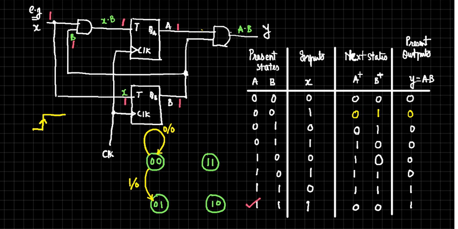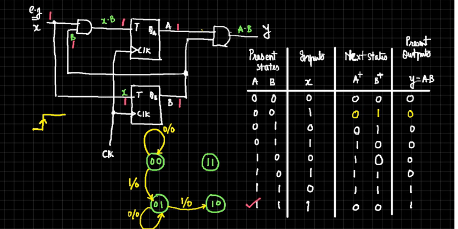So the third one, when it is 0 1, the input is 0, the output is also 0. It remains in the same state. Is that okay? Then 0 1, when the input is 1, it will go to 1 0. What is the input here?